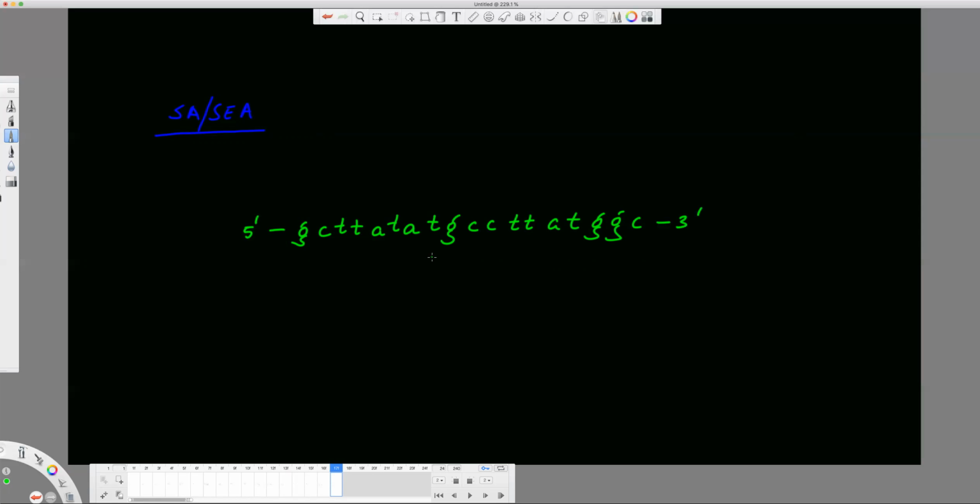Now, this is not the lone sequence in your tube in which you are performing your PCR experiment. There will be a lot of this. So you take a very high concentration of primers. There will be a lot of copies of these primers available in the same tube. So there is no reason to assume that they will not interact and cross hybridize with each other. So if the same sequence comes in inverse orientation, and if there is sufficient complementarity to this sequence, then it can hybridize to itself.